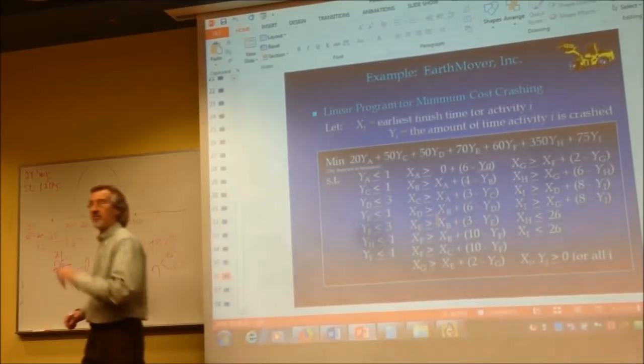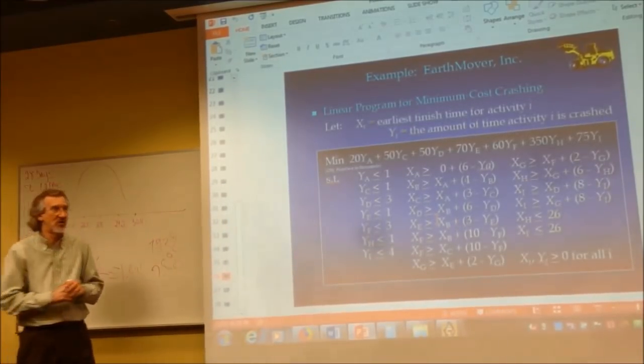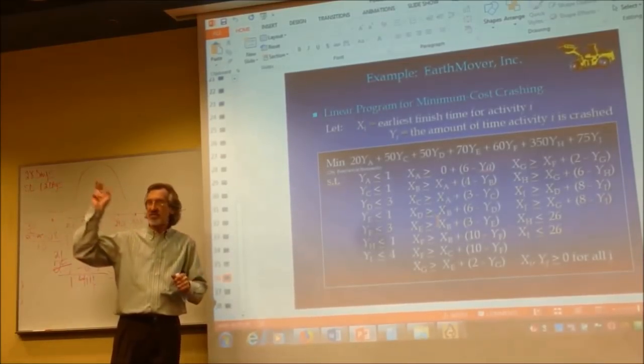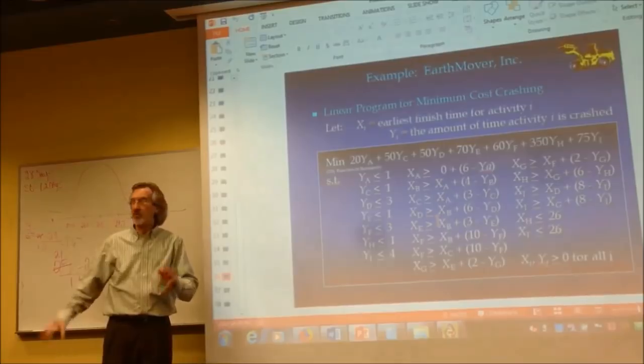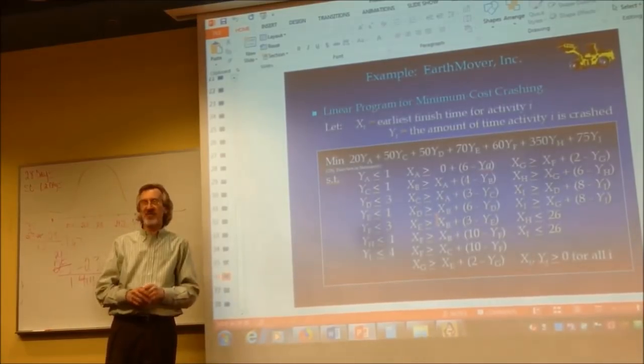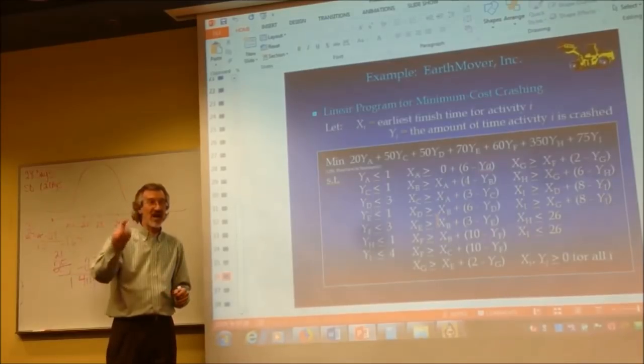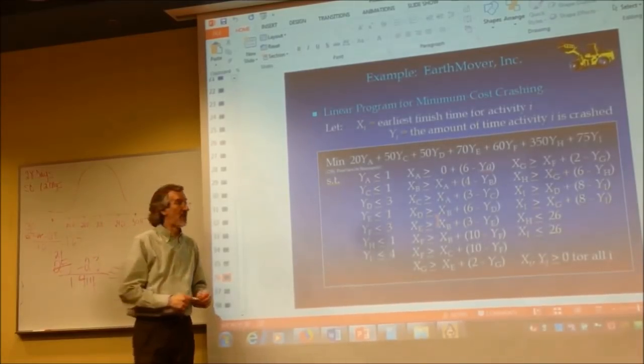I'm going to introduce you to it in a minute, but I want to get you little rules down on crashing. There's 2 variables for every activity. So if there's 6 activities, how many variables? 12. Exactly. There's 10 activities, how many variables? 20. 2 variables for every activity. An X variable, a Y variable.